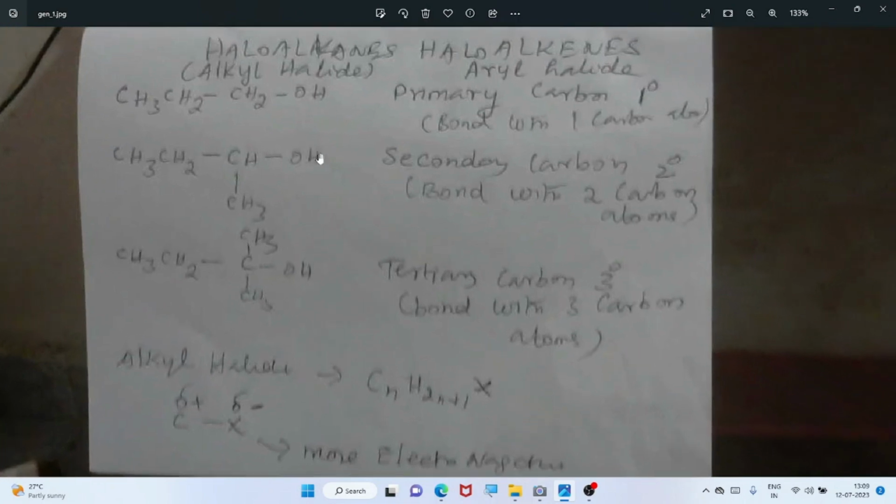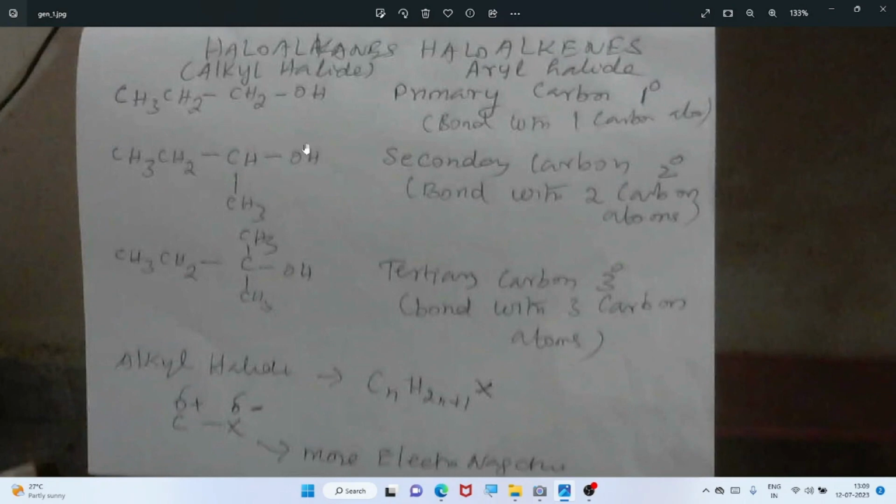Okay. So, what is a primary carbon atom? Primary is represented by 1 degree. The carbon atom is connected to only one carbon atom. Suppose Cl is connected to this carbon, which has a connection with only one carbon atom.